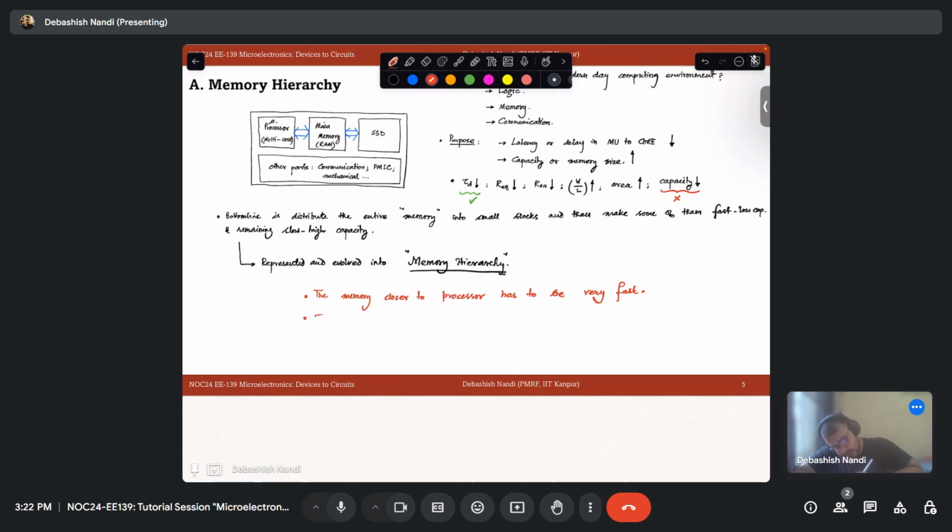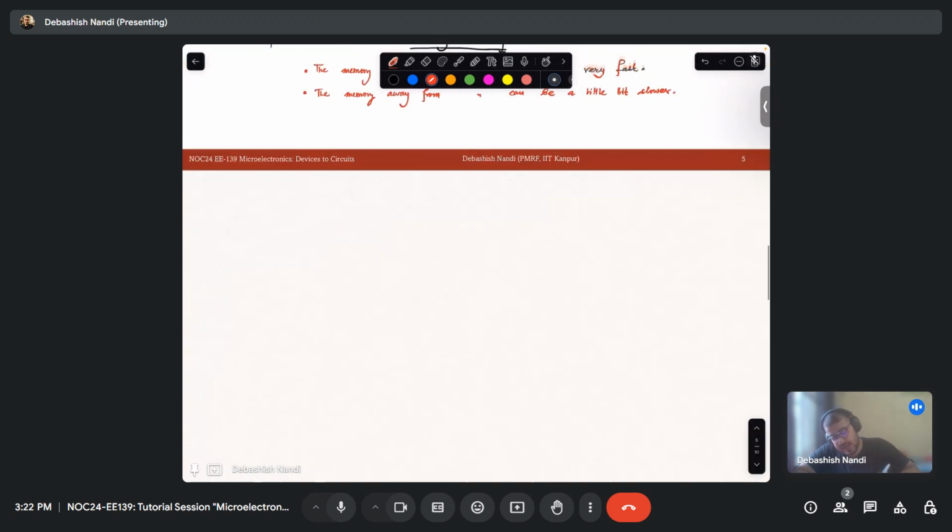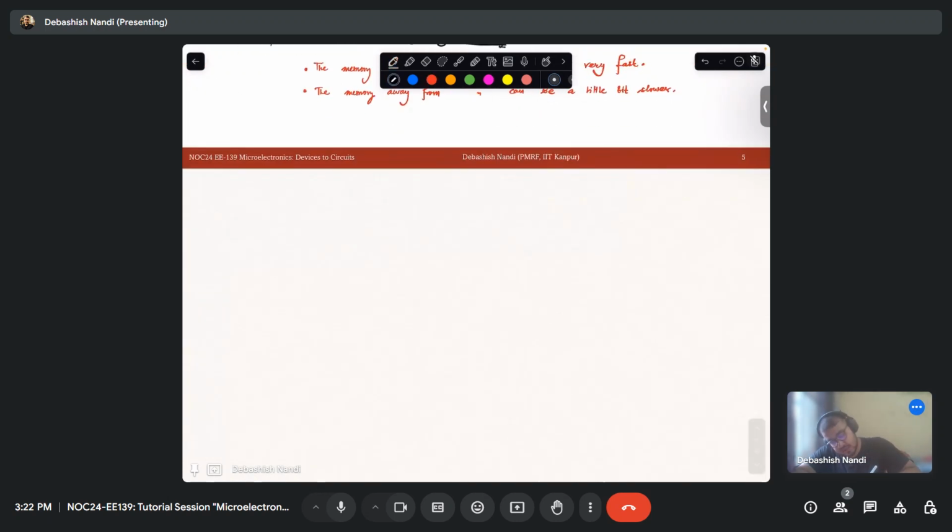And the memory away from the processor can be a little bit slower. Okay, so how do we distinguish that? We represent that, in the last class we have seen this diagram.